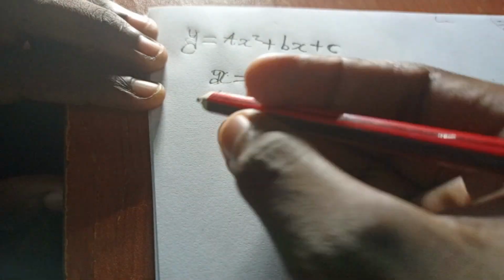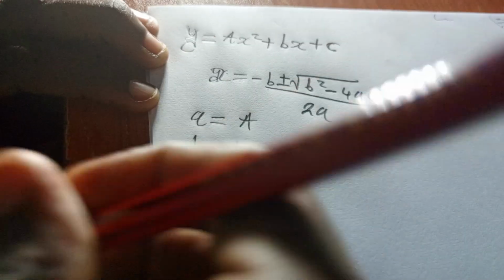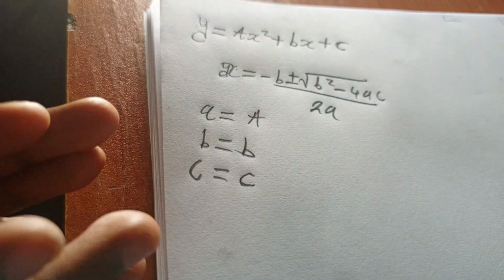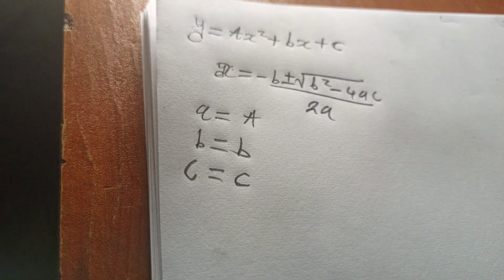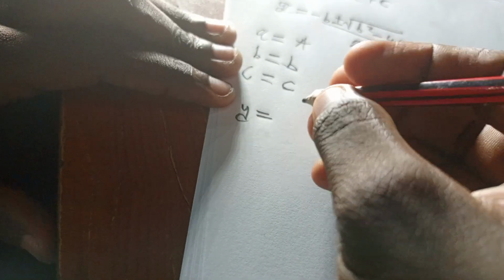For instance, our coefficient a is the capital letter A, our b is the small letter b, and our c is the one we provided there. These are the coefficients that we have to plug into the equation in order to come up with the x values. Let me give you an example so that we identify our a, b, and c.